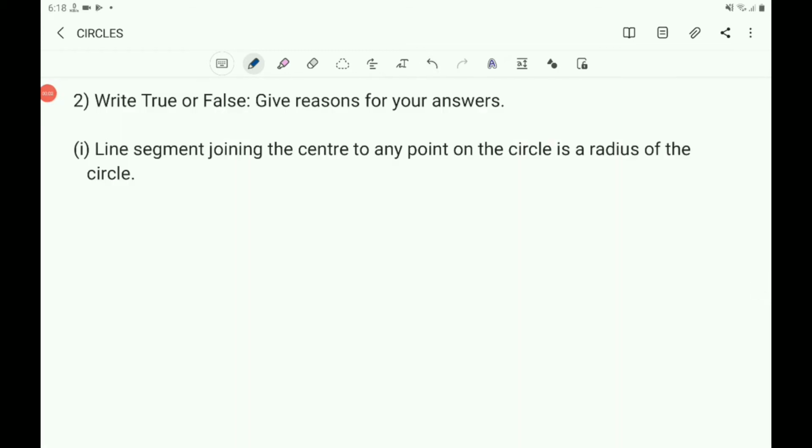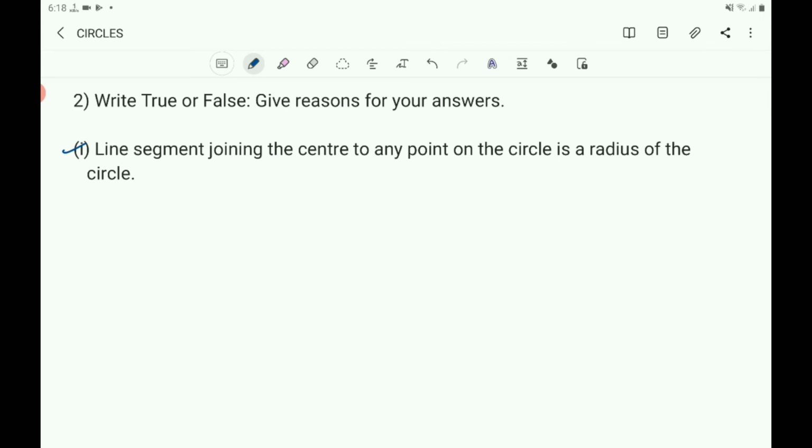Now let us come to the second main question. Write true or false. Give reasons for your answers. The first one is line segment joining the center to any point on the circle is a radius of the circle.